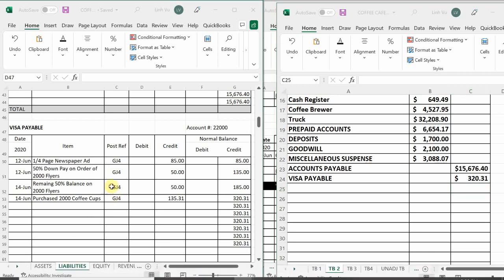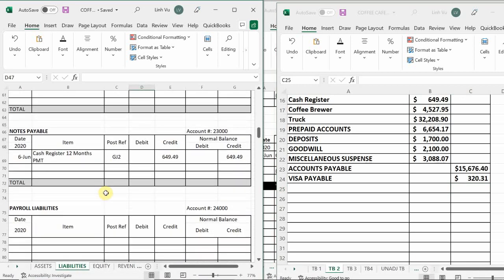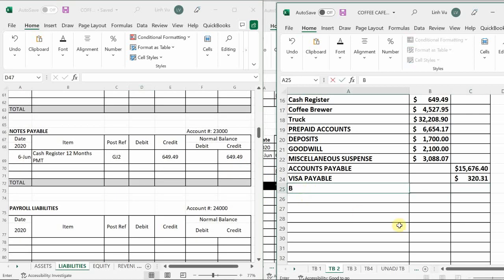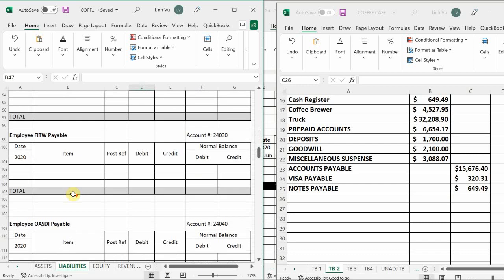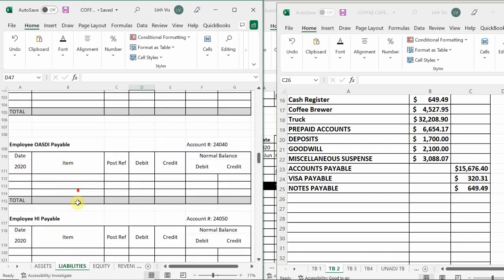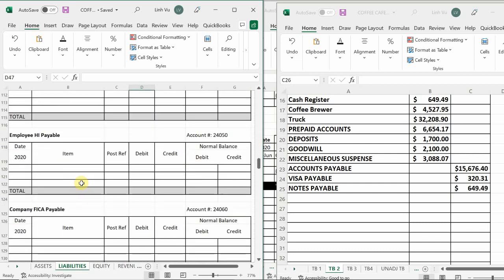And I even owe restaurant supplies on a notes payable for $649.49. And let's see what else. I didn't have any payroll yet because I haven't paid my employees yet, but I did acquire some employees.